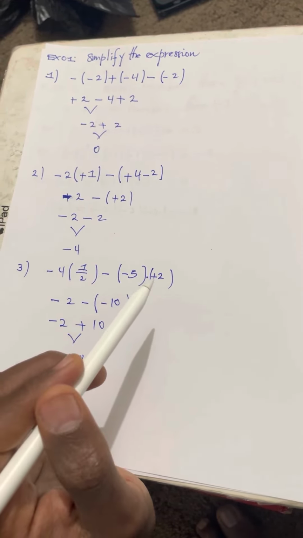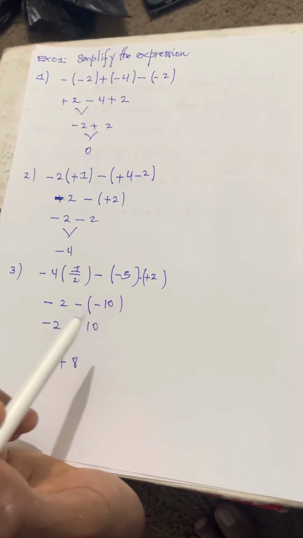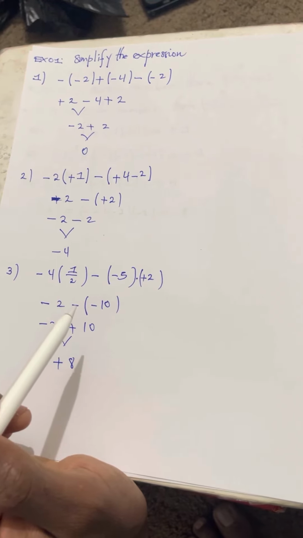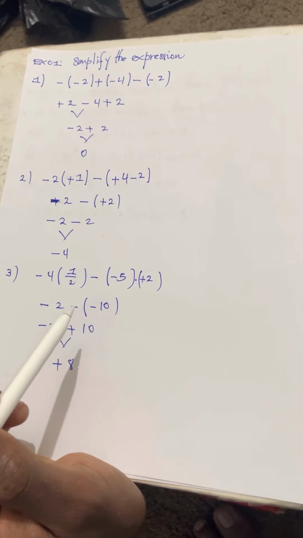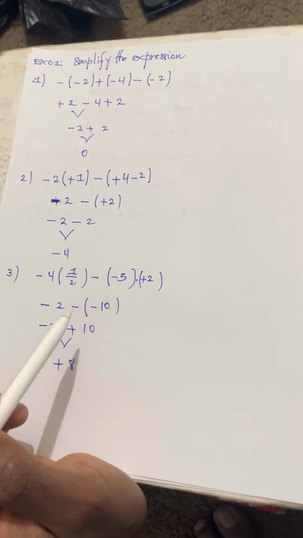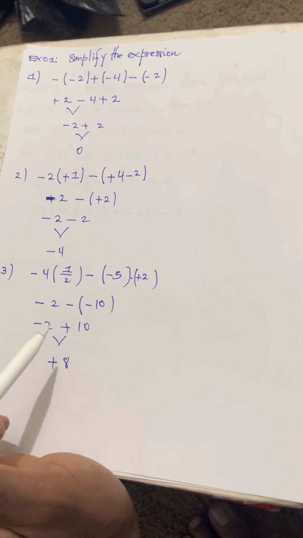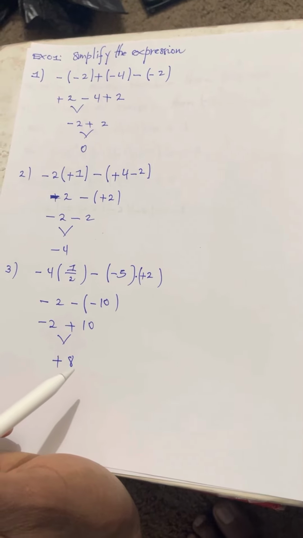Now when you multiply positive 2 by negative 5, that's negative 10. Now you drop down the negative 2. Now you have to multiply negative by negative. Remember, anytime you have a parenthesis, you're dealing with multiplication. So negative times negative turns to positive 10. So when you add negative 2 to positive 10, the answer will be positive 8.